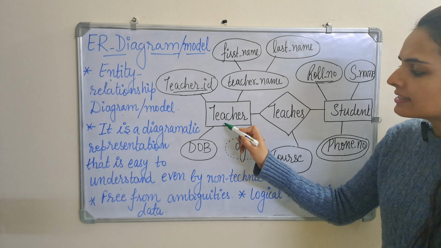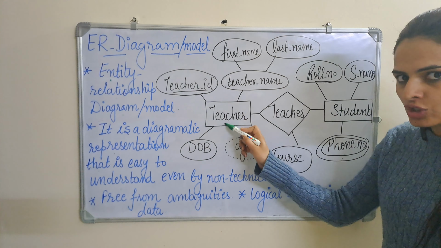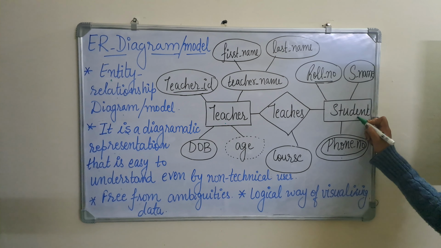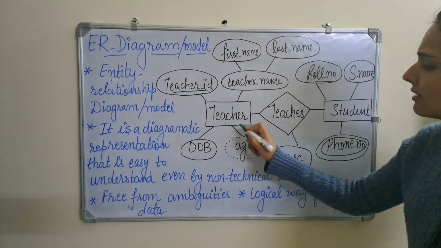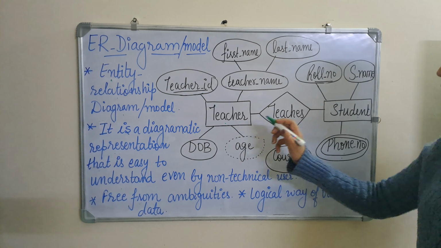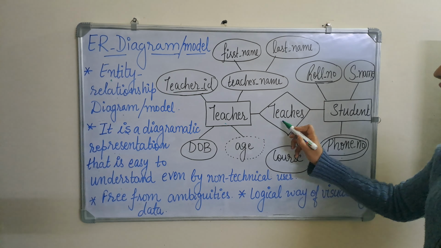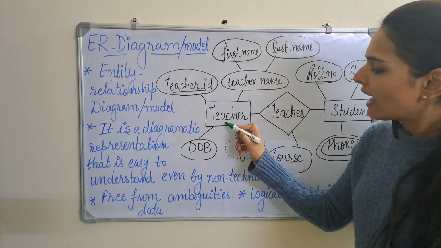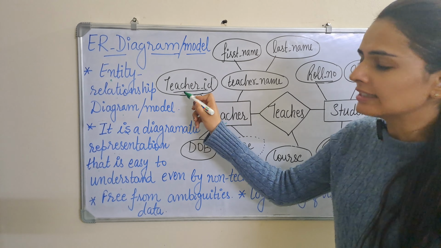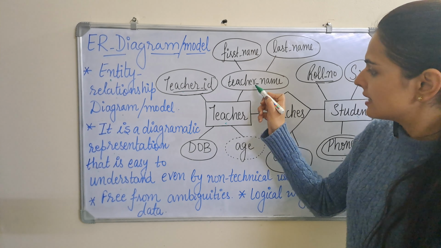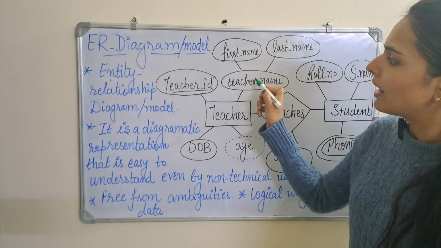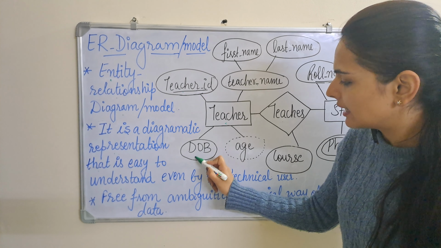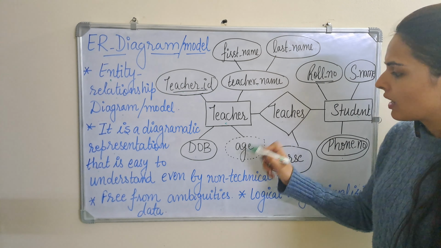First thing is there is a real world object that is teacher, and then there is another object or the entity that is student, right? And there is a relationship between these two, that is teacher teaches the student. Besides that, teacher has a teacher ID, has a name which can further be divided into first name and last name, and then teacher has a date of birth and age.